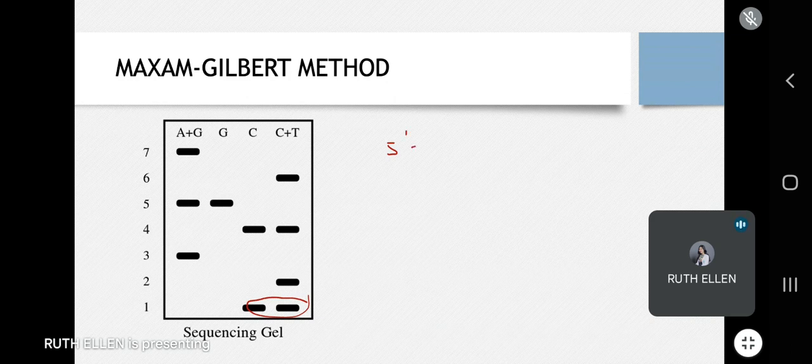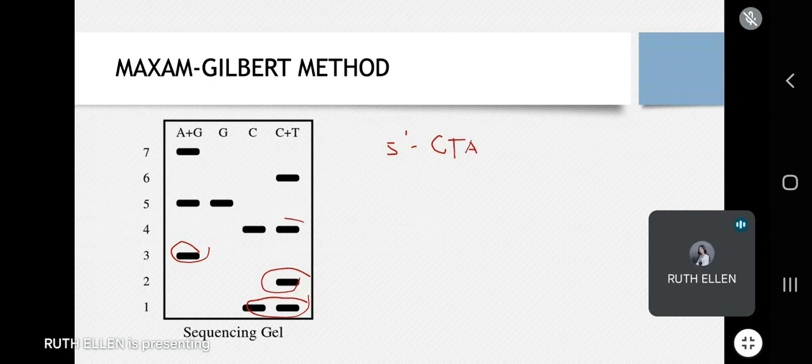So 5' dash cytosine. Okay? Next, we have bands present for cytosine and thymine. Thymine po. Thymine. Next, adenine and guanine. Adenine po. It's adenine.